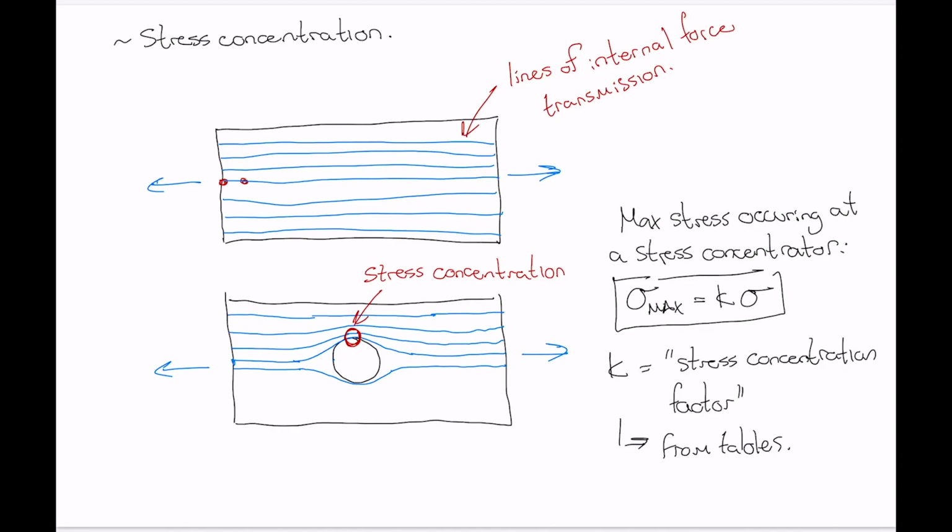So there'll be a table of K factors for holes in flat plates, for example, or a table of K factors for plates that change width, and how those K factors vary with fillet radius in the plate. And then there's stress concentration factors for torsional situations where you have change in diameter of shafts, et cetera, et cetera. So you go to the appropriate table and look up the value of K.